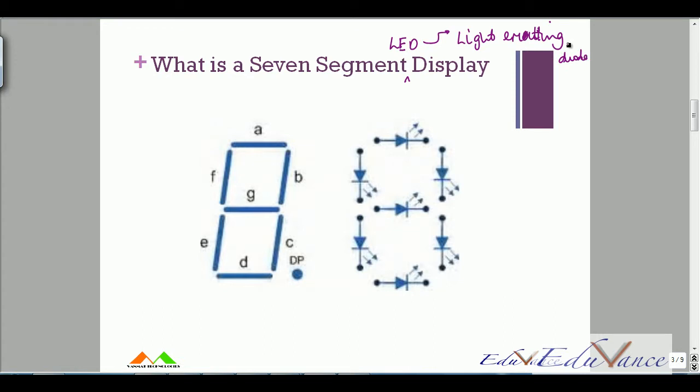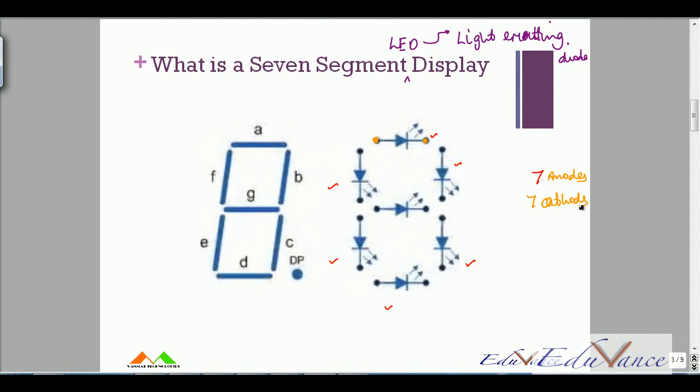And a 7-segment display is basically nothing but a few single LEDs put together, which are total 7, and together they form something called a 7-segment display. If you see that an LED has an anode and a cathode, so we have a total of 7 anodes and 7 cathodes.